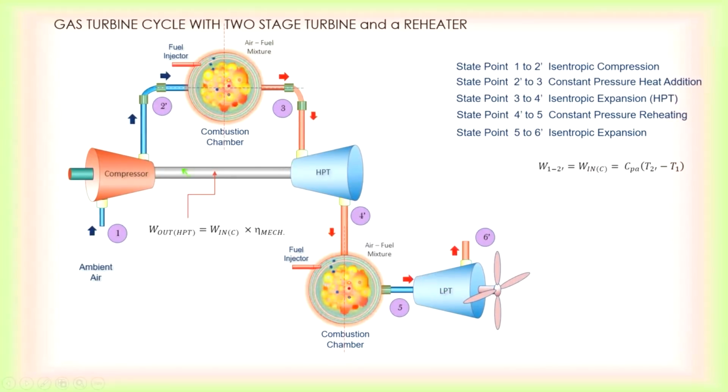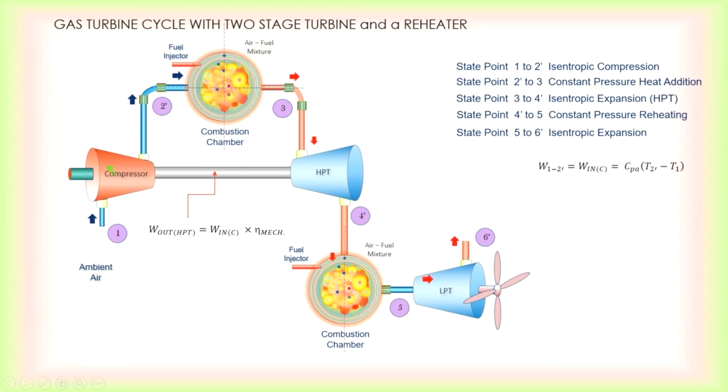So for the work in from the compressor, you use CPA, because the compressor is on the air side. The first combustor, the HPT, the second combustor, and the LPT are all on the gas side. This part here is all on the gas side, and this is on the air side, so you can use CPA here.